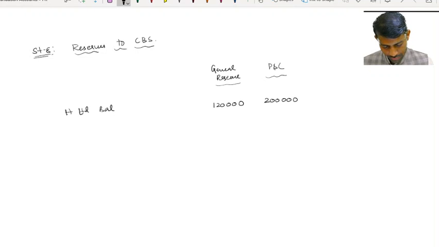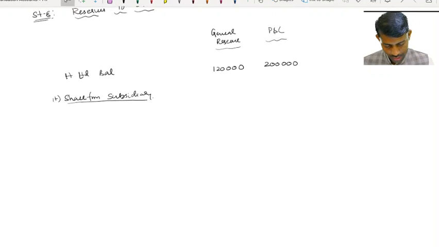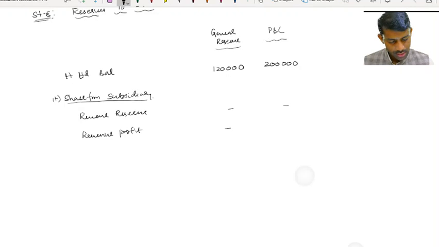Next, share from subsidiary S Limited. Here revenue reserve is nil. Revenue profit, which is I believe 1,05,000.